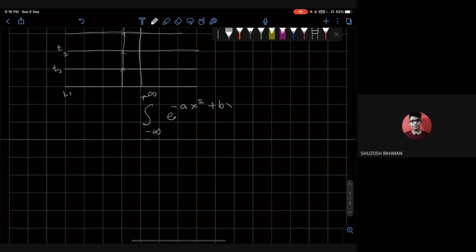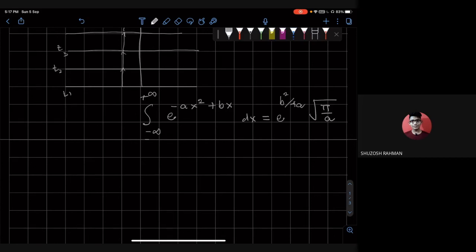This integral is done by completing the square, and you generate a new term in the exponential, e to the power b squared by 4a, and then you use the usual complex Gaussian integral result to write the square root of pi over a.